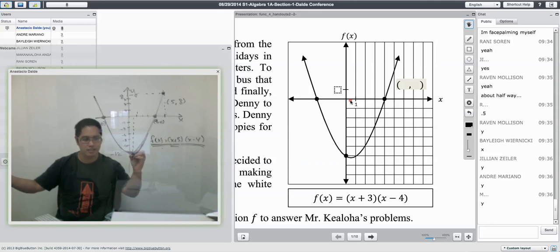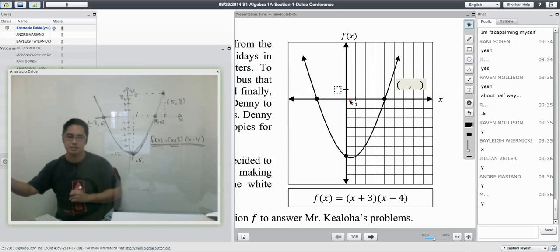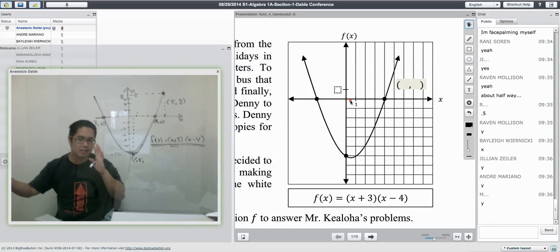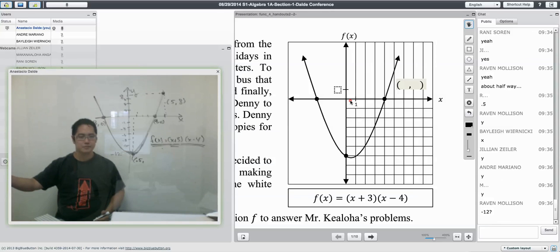The vertex is at this point right here, which is 0.5 comma what? Just take a guess by looking at the graph. -12? I disagree with you on that one. You're close though.